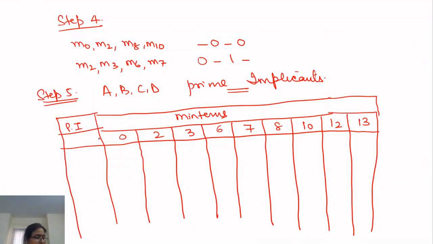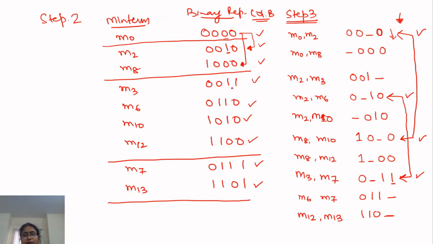Now see, those numbers which are not ticked, you have to take. See, in the column D, we have not written the column numbers.